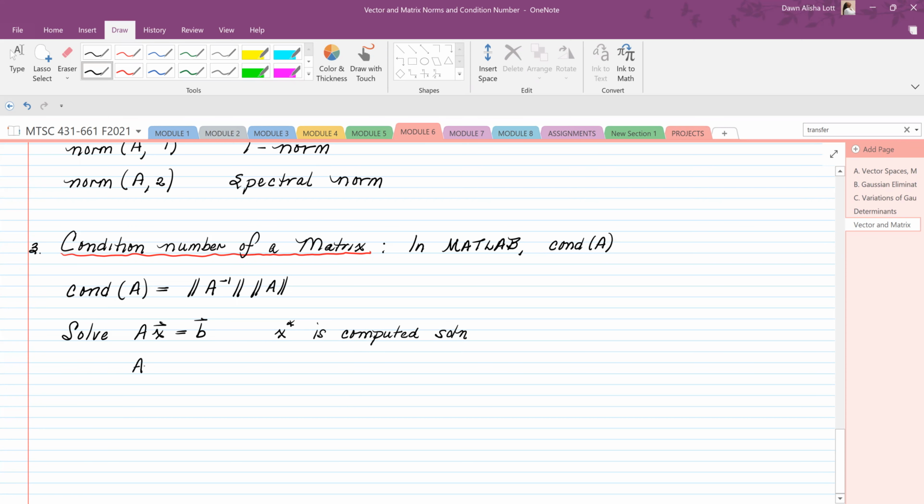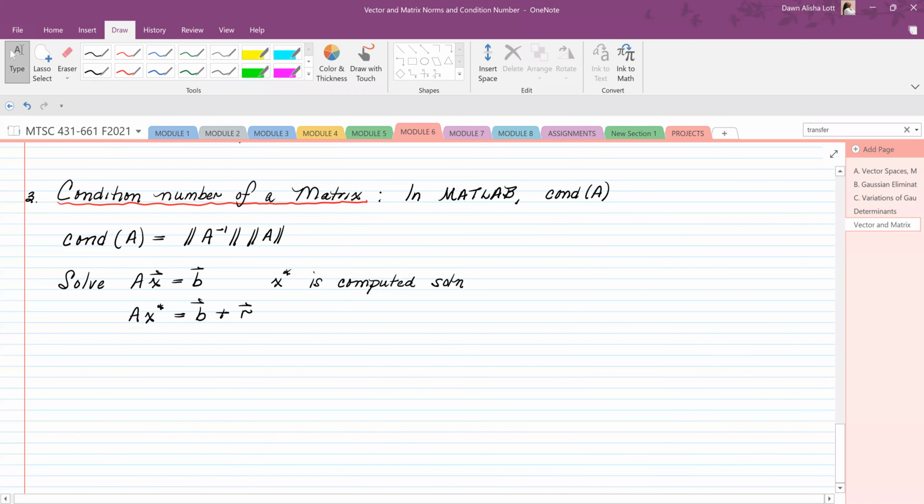Now AX star is not necessarily going to give you B, but it's going to give you B plus some error, R. So now we subtract AX star minus AX, which gives me B plus R minus B. Okay.